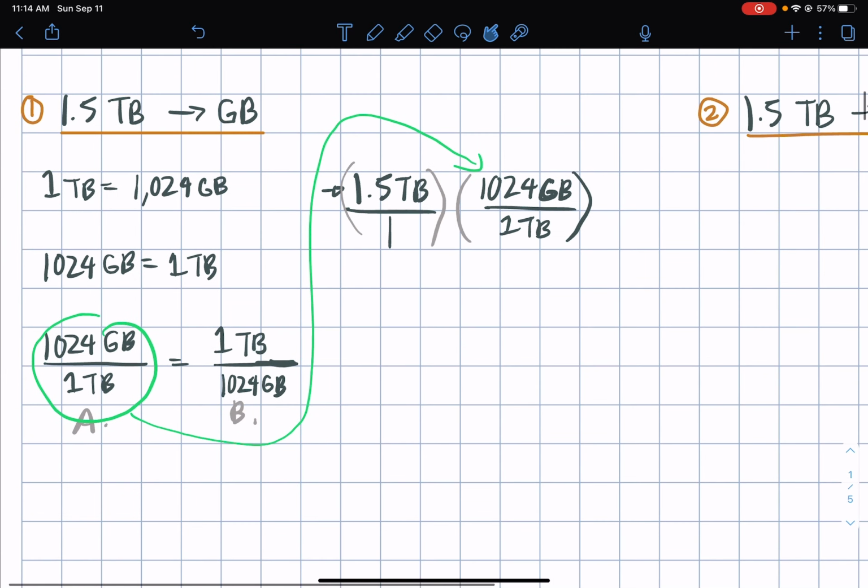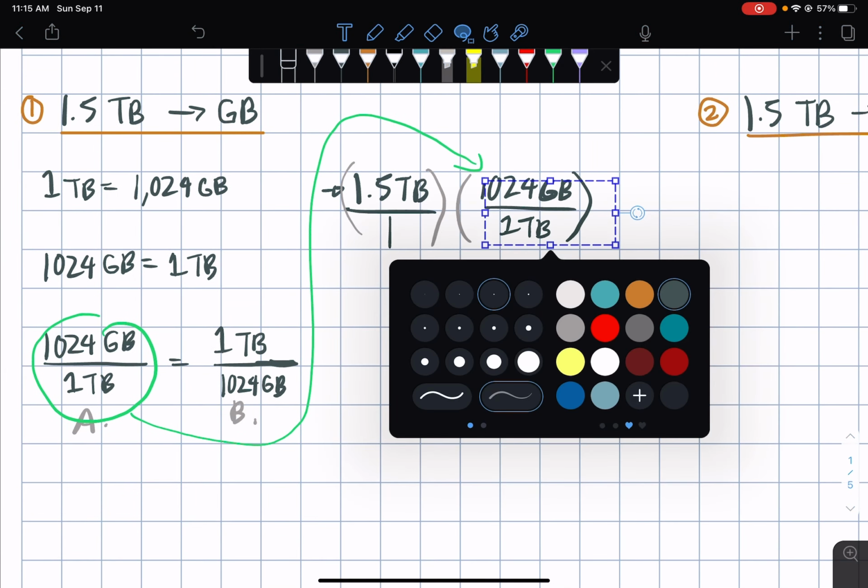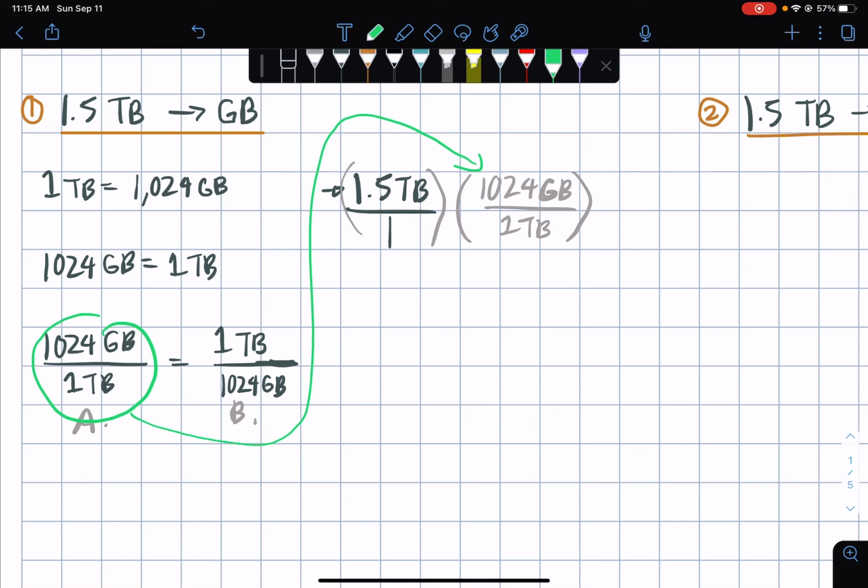Actually, let's make this color light gray and cancel the unit terabytes, and 1.5 times 1024, we get 1536 gigabytes. This is the final answer.